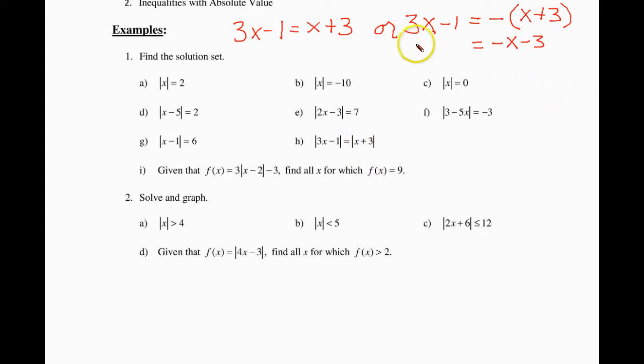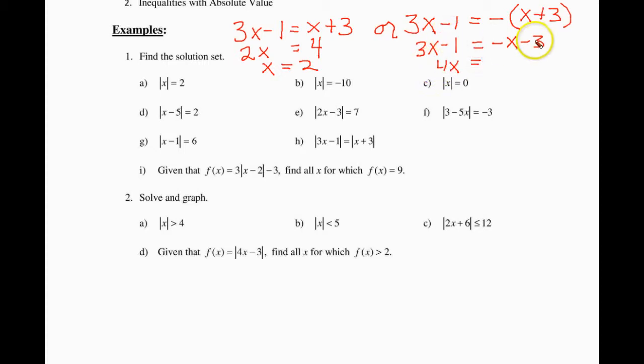Okay, so let's just do these now. Here we're going to transpose that. That gives me a 4. Transpose the x. This gives me 2x. So x equals 2. Now here, when we transpose this negative x to this side, it becomes a 4x.